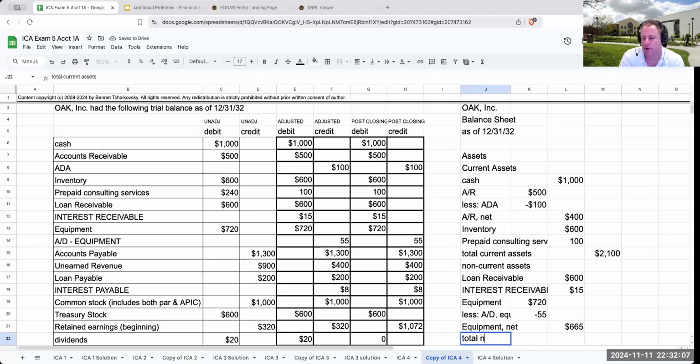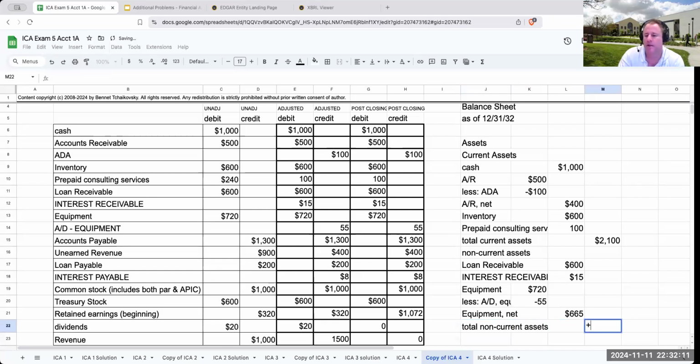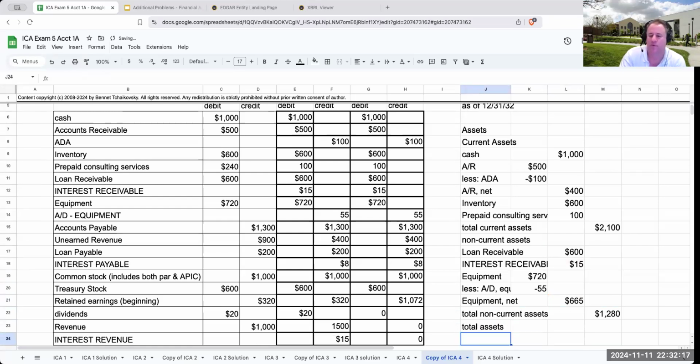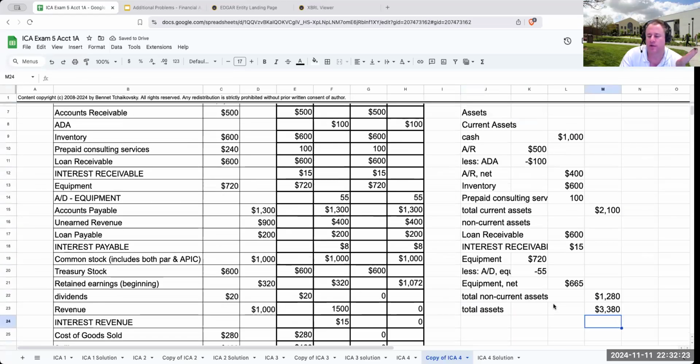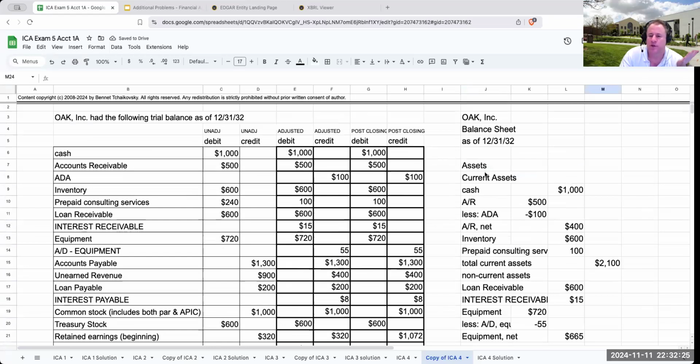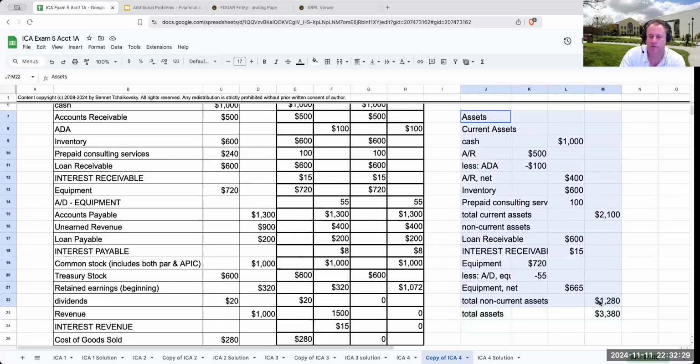So my total non-current assets, make sure you total them up. This is going to be 1280. My total assets will basically be over here at basically 3,380,000. So this is the first part of my balance sheet.